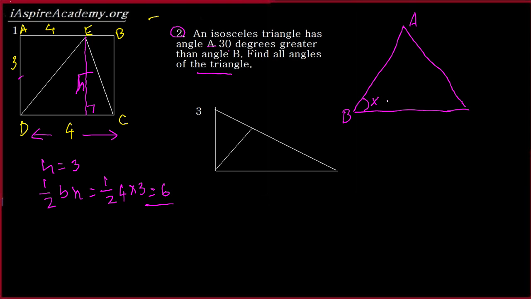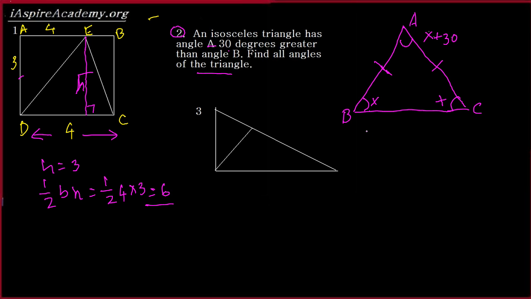If B is X and this is C, now this is an isosceles triangle, right? And since they say that A is greater than B, that means B cannot be same as A, and since it is an isosceles triangle and two angles are same, this angle C has to be same as B. So B and C are both, let's say, X, and A is X plus 30.